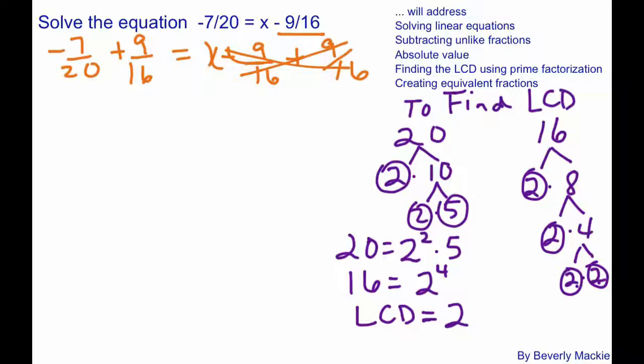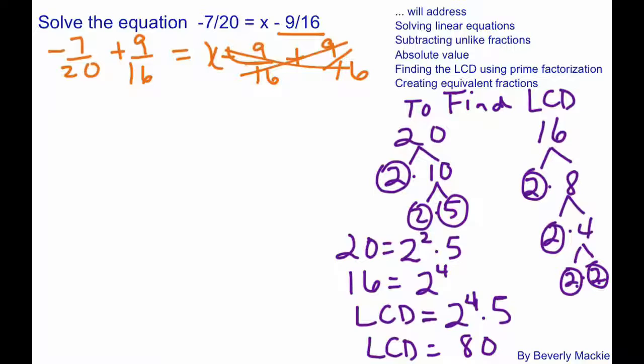We use the prime number, in this case 2, that has the highest exponent, which is 4. And then we add the 5 in that expression. And so we have 2 to the 4th times 5. The LCD will equal 80. Remember, LCD stands for lowest common denominator.